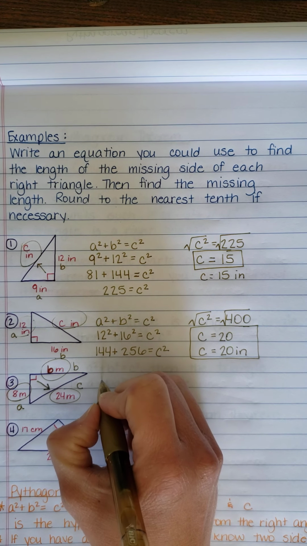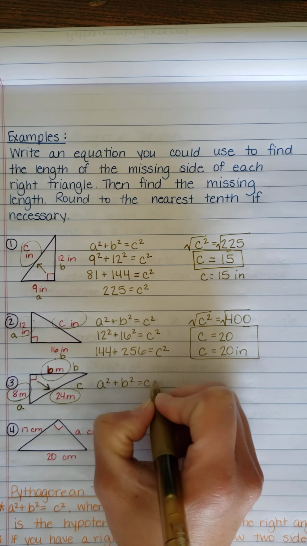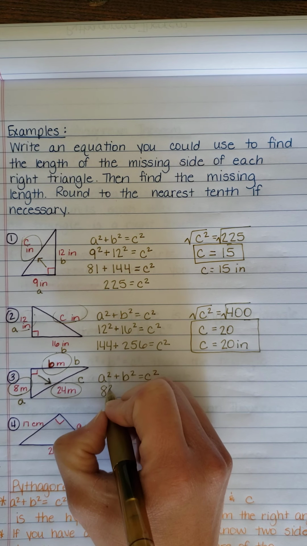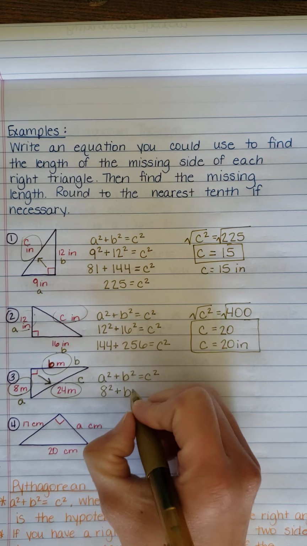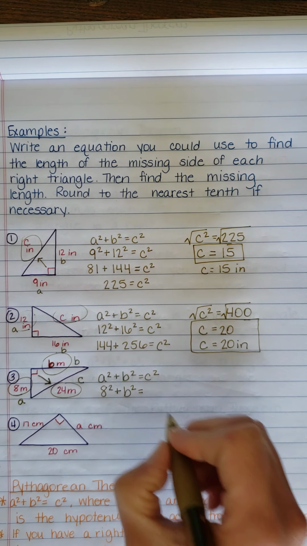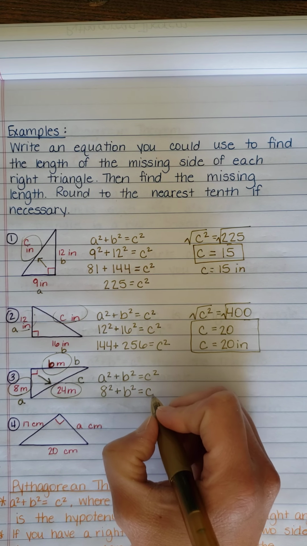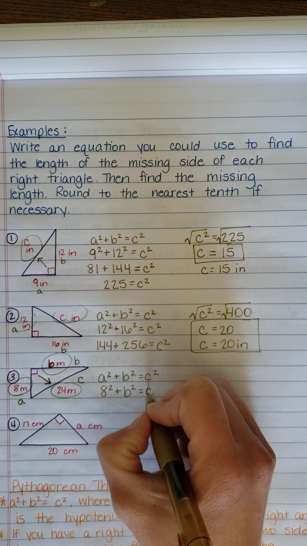So again, we're going to set up our equation. A squared plus B squared equals C squared. For A, I'm using 8. So I have 8 squared plus, I don't know what B is, so I'm going to leave that as B squared equals, we know what C is, so we can put 24 here.